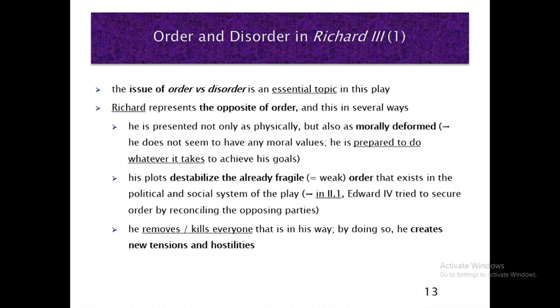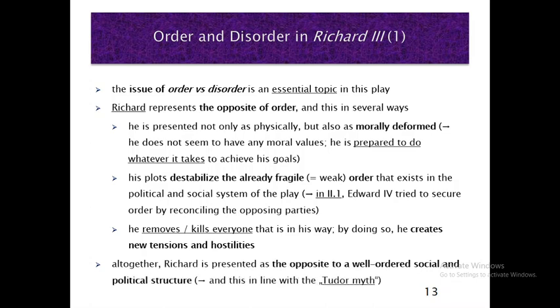And what does Richard do? He destabilizes all that via his plots, by plotting all the time. And he removes and kills everyone that is in his way. By doing this, he creates new tensions and hostilities.